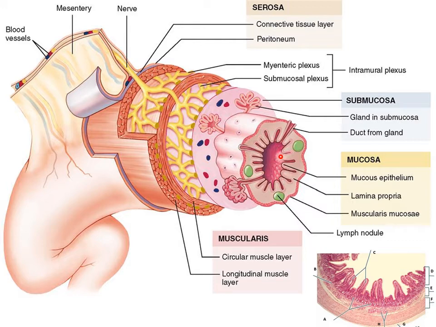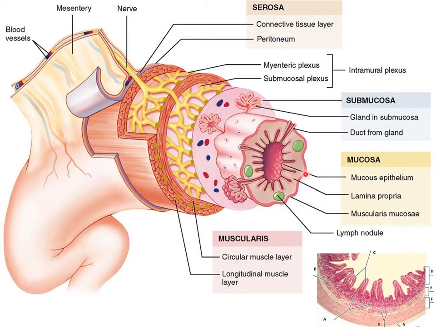The first layer, the inner layer, which is in contact with the lumen of the digestive tube, is the tunica mucosa. Tunica mucosa is lined by mucous epithelium, the innermost layer. Different types of epithelium can be simple or stratified, with different shapes of epithelial cell: squamous, cuboidal, and so on. After the mucous epithelium, you can discover the lamina propria.